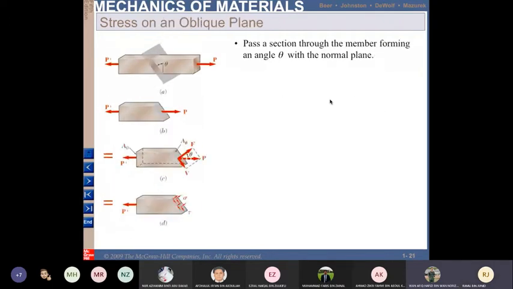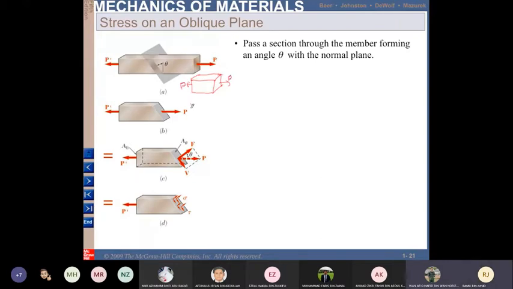So when you have an object like this, and you pull here, with F or P, we use P here.